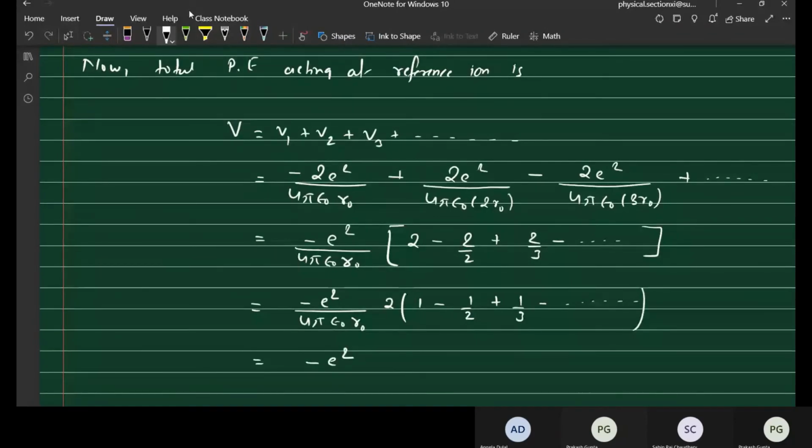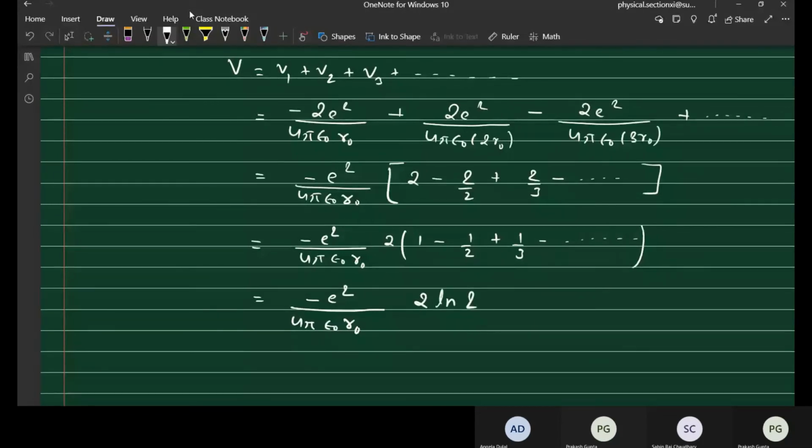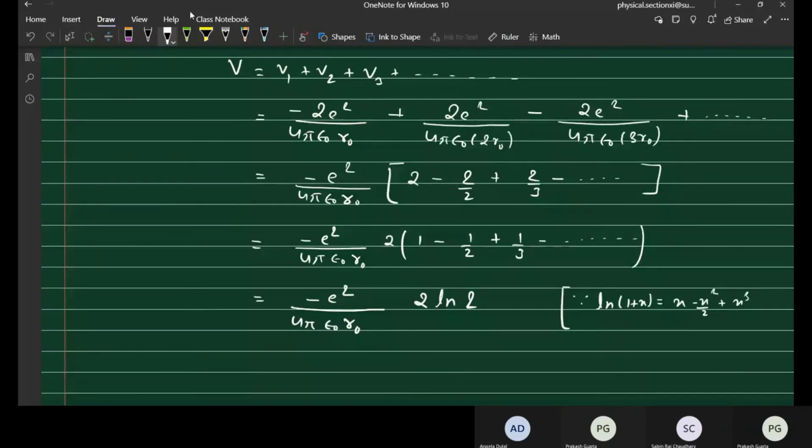Minus e square by 4 pi epsilon naught r naught, 2. And now this is a series, sum of a series, and this value is ln 2. This is from the mathematical term log 1 plus x is equal to x minus x square by 2 plus x cubed by 3 minus and so on. So here x is equal to 1.